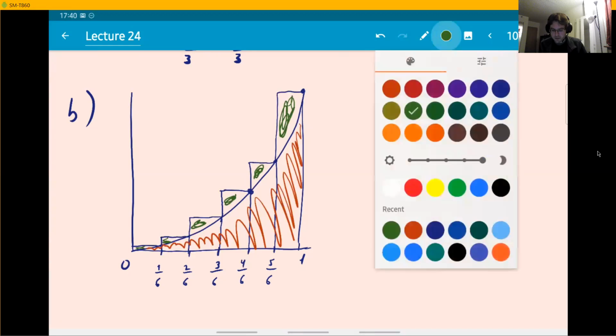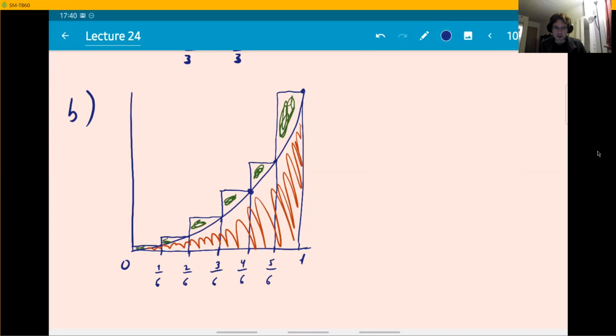What is the area that we are finding? Just add up the areas of the 6 rectangles. Every single one of them has a base of 1/6. And what are the heights? The smallest one is 1 over 36. Then the next one is 4 over 36, 9, 16, 25. The last one is 36 over 36.